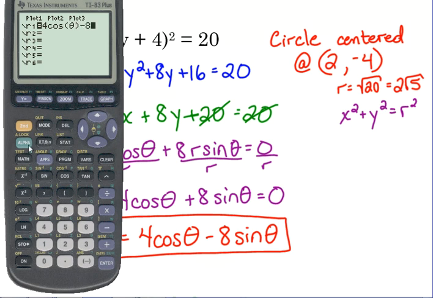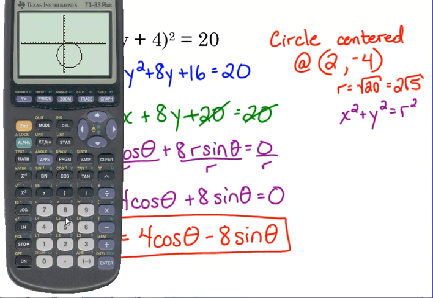Have you ever wondered why that button has x, t, theta, and n? That's why. Hopefully it's going to graph right for me. It doesn't look like a circle, so let me fix it. Zoom square. Yeah, it looks like a circle. Does it have a center at 2, -4? Yeah, looks like 2, -4 there.